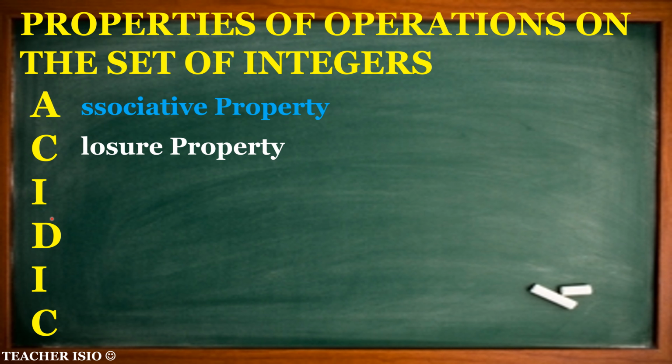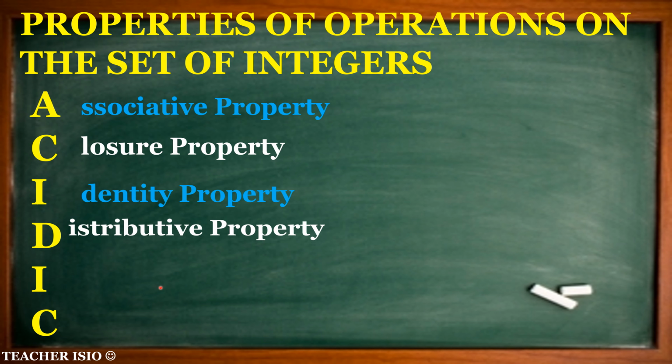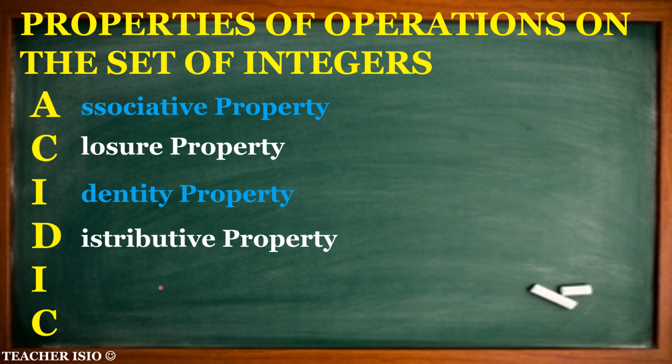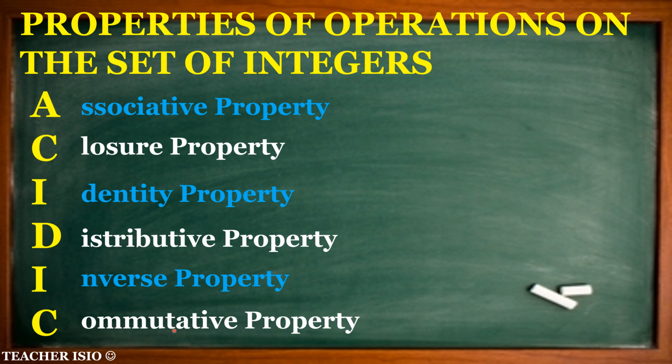Let's have another one. I, identity property. D stands for distributive property. I stands for inverse property, and last, commutative property. So these are the properties under of set of integers.